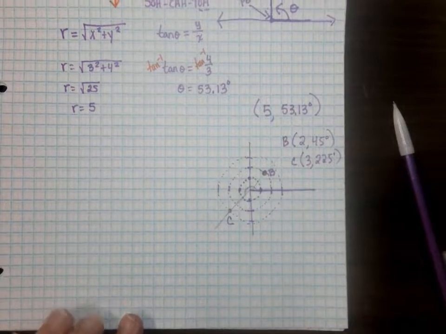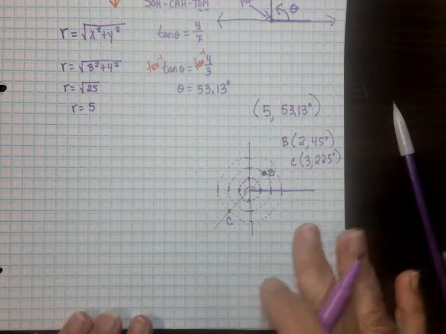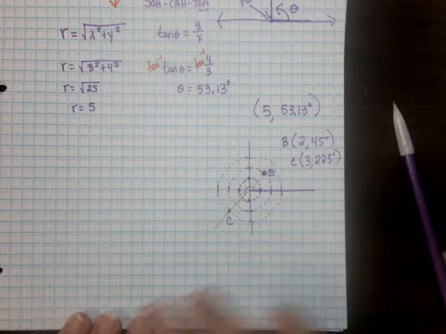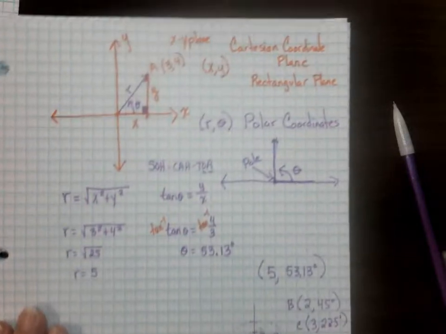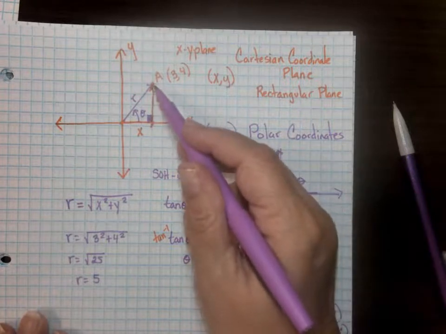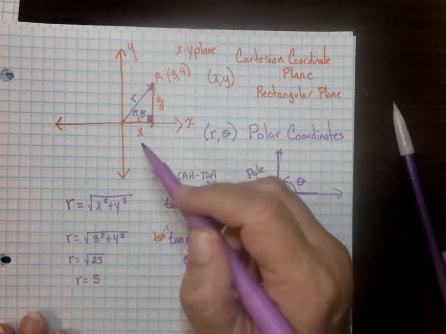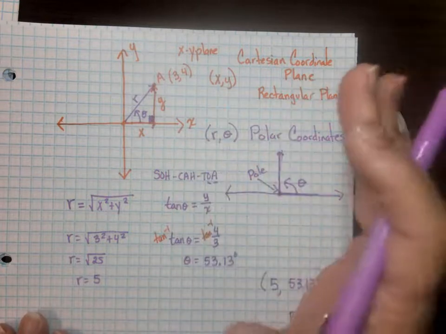Now, here are some interesting things that come into play with polar coordinates. On our Cartesian coordinate system, there's always only one answer, right? If you're up here at point A, where is point A? (3, 4). Well, where else is point A? No, (3, 4). That's it.